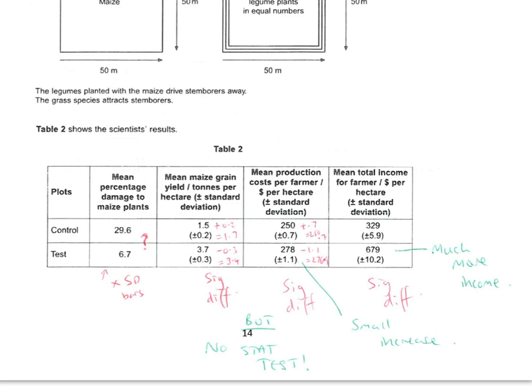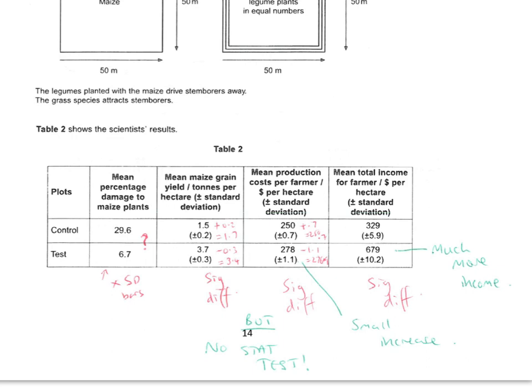Another 4 points that could agree with that statement is you've got a lot more profit, much more income in fact than previously, and it actually outweighs the costs even more. So there's a bigger difference between these two values here than there was here. In fact, there's $322 extra profit with the test compared to the profit that was made before. So that's all looking very, very positive.